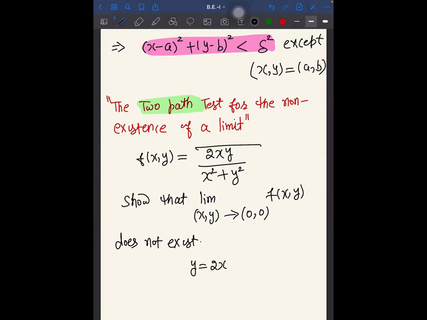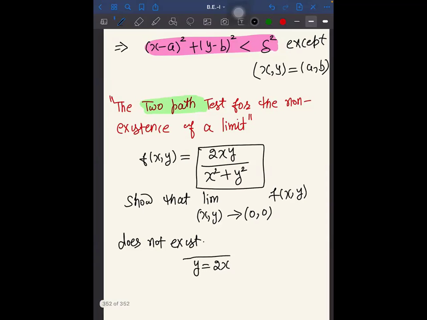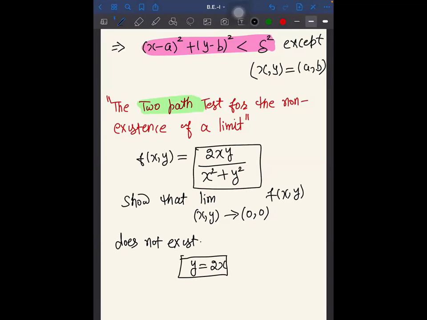Now if you put y is equal to 2x over here, what will happen? Can you tell me what will happen? Sir, y is equal to 2x, single variable function बन जाएगी. हाँ, क्या बनेगा बताओ. 4 by 5. 4x square by 5x square, constant value. x square plus 4x square, ऐसा बनेगा ना?